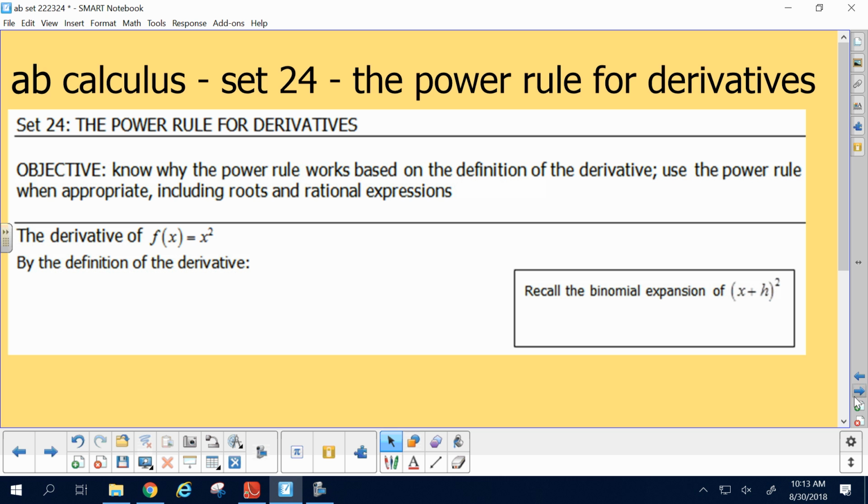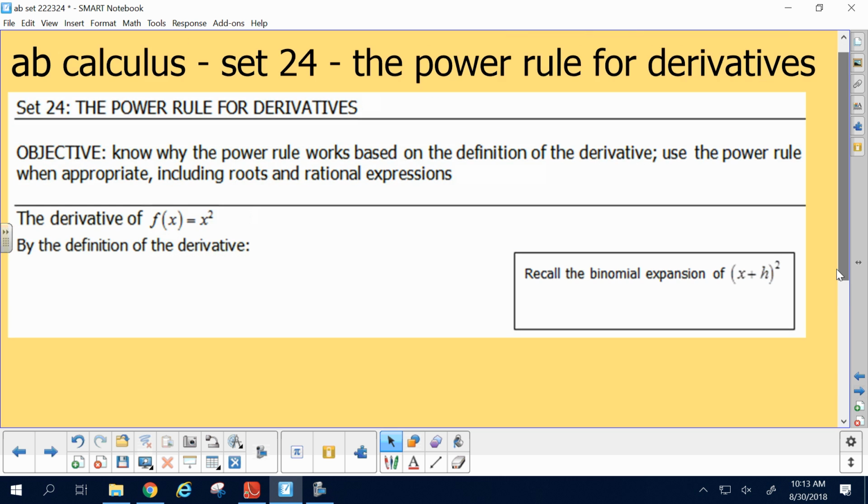So, 2 minutes for the power rule? Probably not. I'll finish it here. So now that just leaves me with 2 minutes for questions on the 2 problem sets. Hit me.